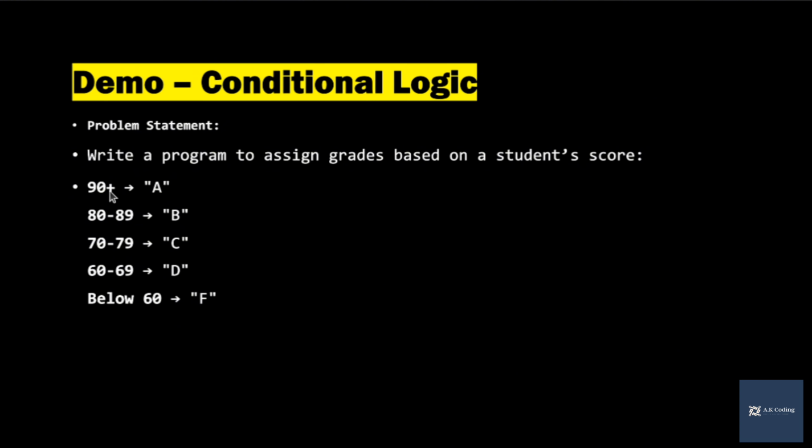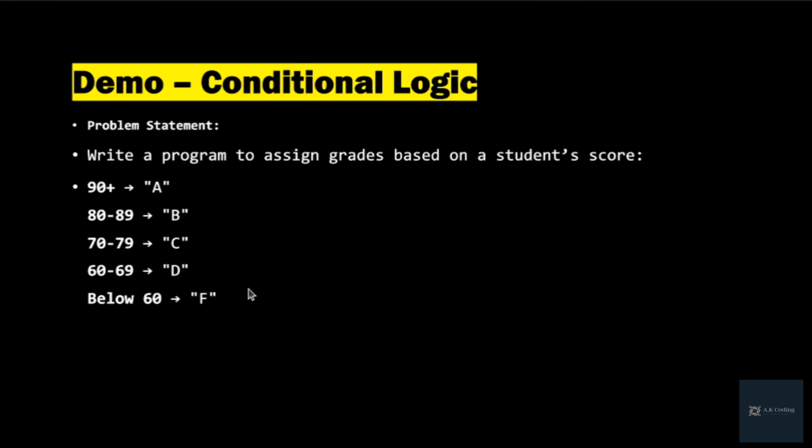If the student's score is 90 plus, it means the output should be A. If it's between 80 to 89, it should be B. If it's 70 to 79, it should be C. If it's 60 to 69, it will be D. And if it's less than 60, it will be F.